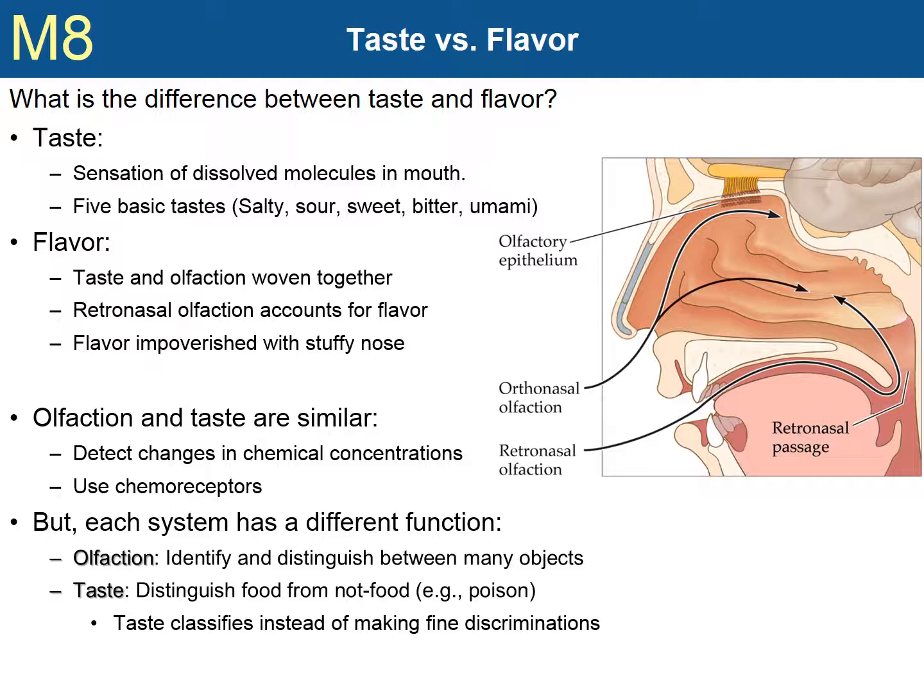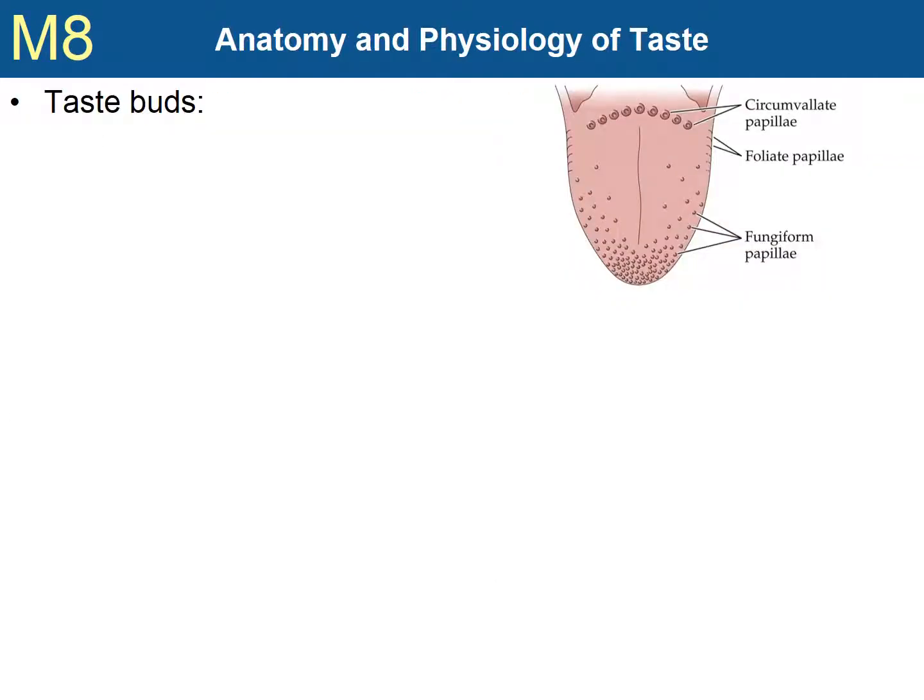The olfactory and taste systems are similar in that both detect changes in the concentrations of chemicals, but each system has a different function. The olfactory system identifies and distinguishes between many different objects. Taste, however, is used to distinguish food from things that are not food, in particular, poisons.